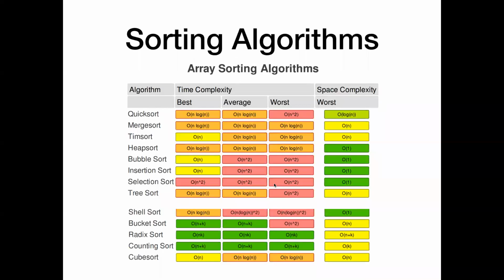Okay. Now, sorting algorithms wise, the main ones I would suggest here are quick sort or merge sort. If you see the merge sort here, that is O(n log n). So we need to see what the worst case looks like for the time complexity and for the space complexity.